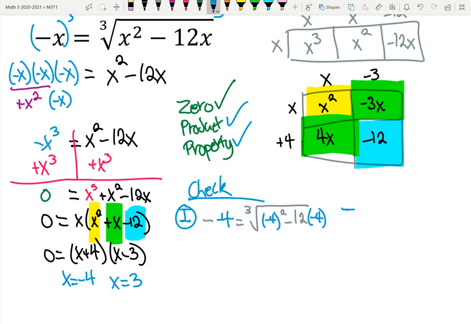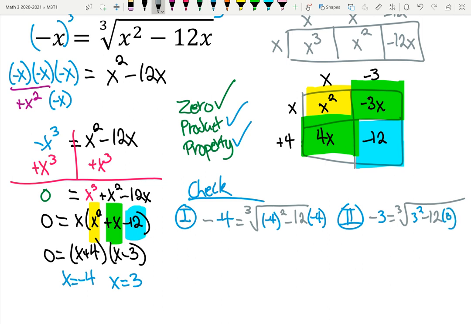Likewise, for part 2, I would have to check the second solution, which is 3, equals the cube root of 3 squared minus 12 times 3.